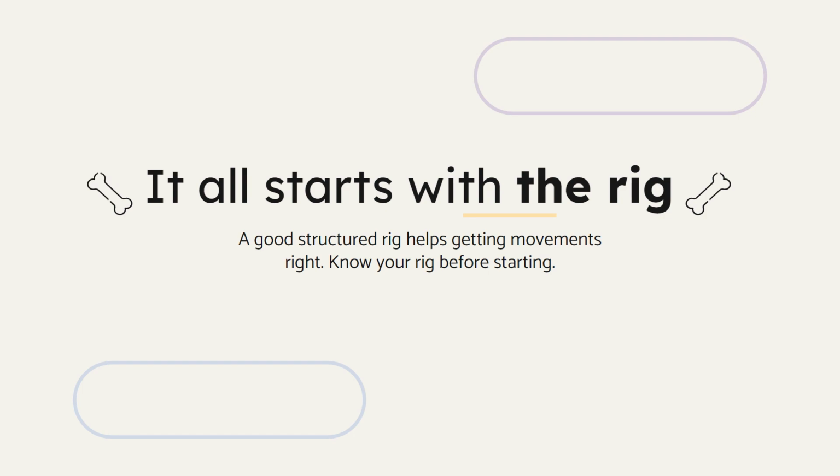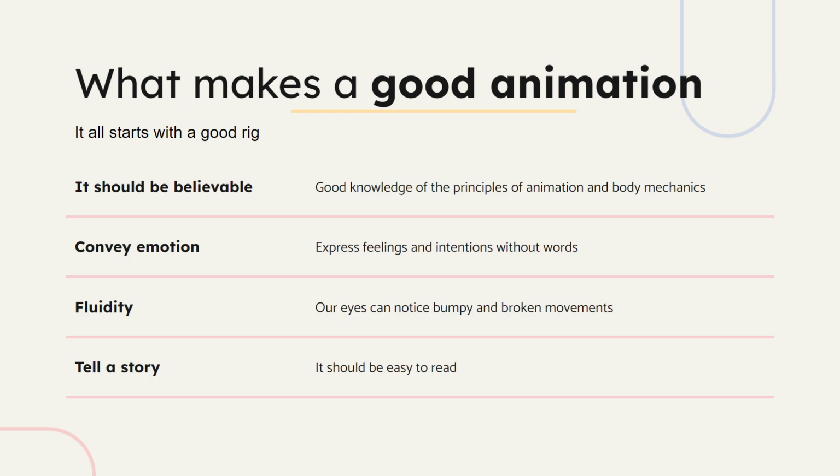So what makes a good animation? As I said, it all starts with a rig, of course. But I think what makes good animation is that it should be believable. And how you achieve that is by having a good knowledge of the principles of animation and body mechanics.